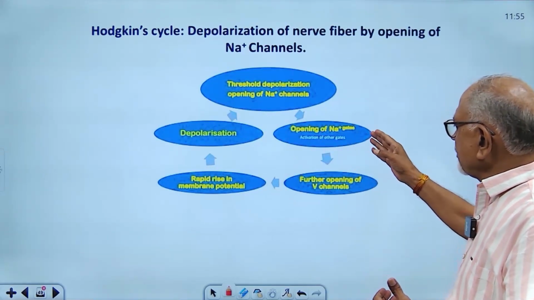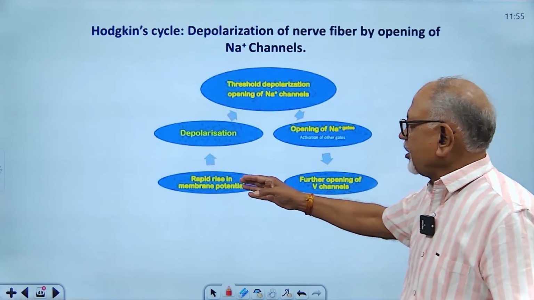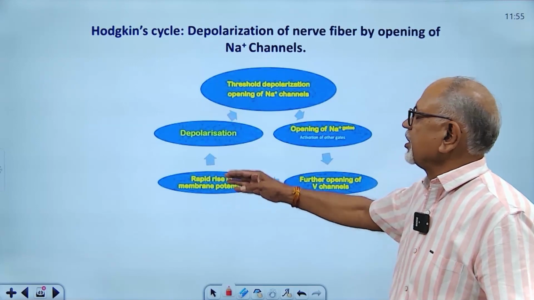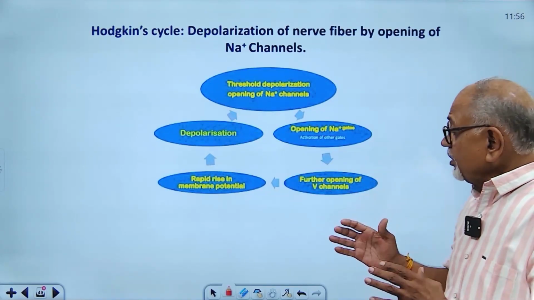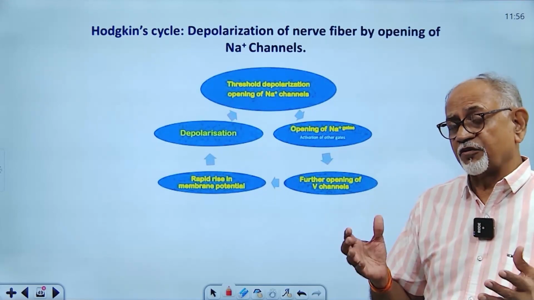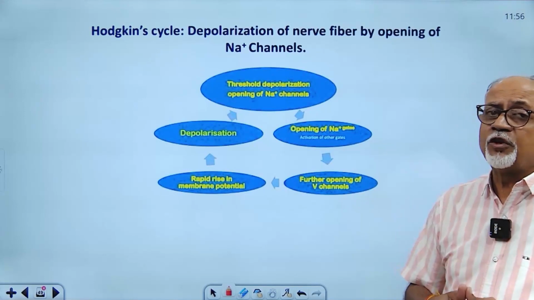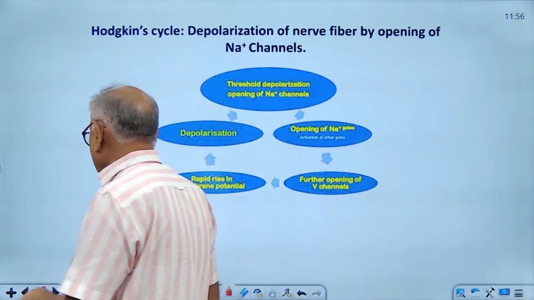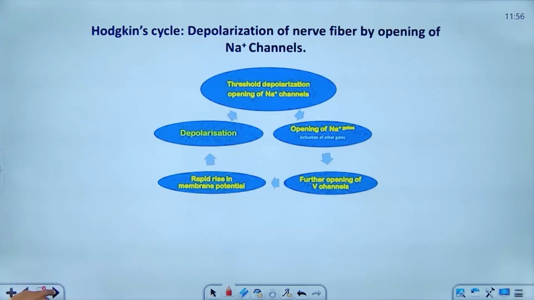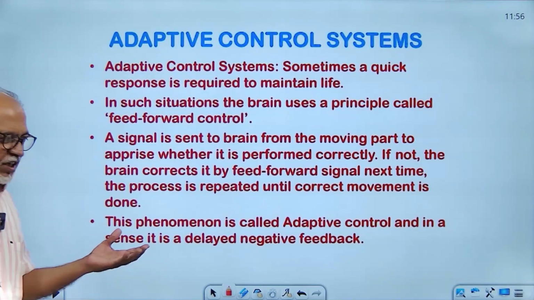Opening of sodium gates, then further opening of sodium gates, then rapid rise in membrane potential and depolarization occurs. Then what happens? After that, the sodium-potassium pump works and the nerve membrane is brought back to the resting potential.